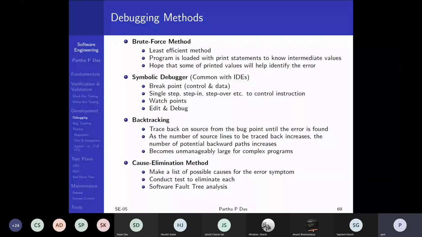The symbolic debuggers at least allow you to have some controllability, or deeper white boxing, by allowing you to do simple edits while you are debugging. You just do the edit on the code and you continue. I mean, the whole code does not get recompiled. That's the edit-and-debug feature, which is a very strong feature.